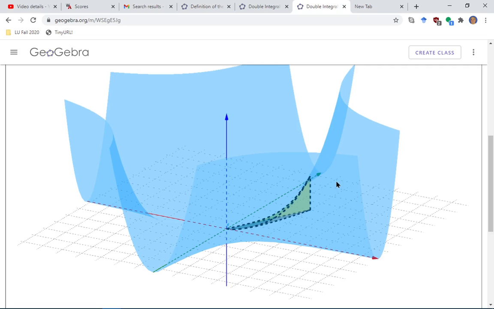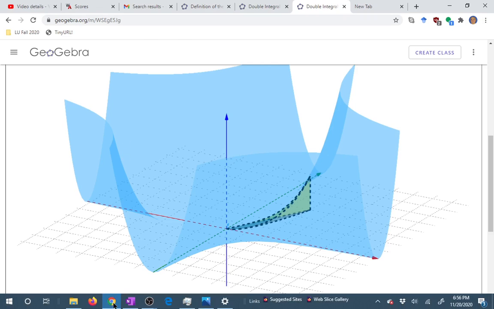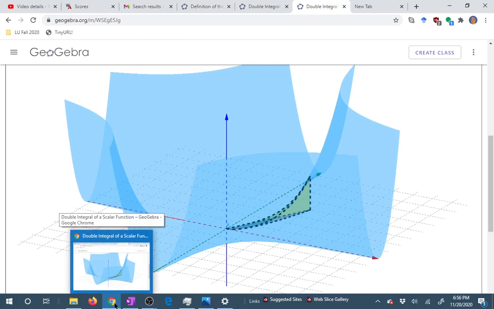Well, the way we approach it is through iterated integrals. That is, we take it back to an iterated integral and calculate it just like how we did it last time. So the double integral becomes just the iterated integral. Let's go and see how this looks.